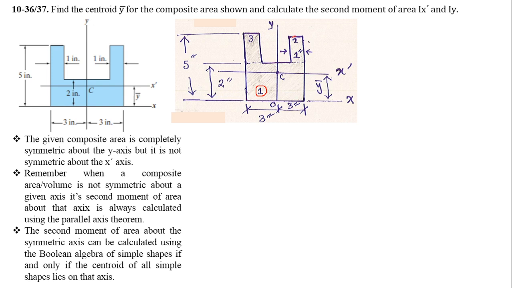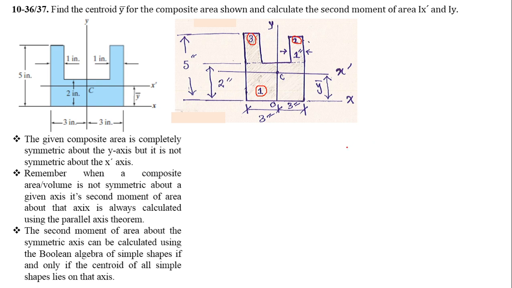And then the second and third constituents are these smaller rectangles. So we have divided this entire given cross section into three simple shapes. Number one is this larger rectangle having dimensions of 2 inch by 6 inch. Number two and number three are these smaller rectangles having dimensions of 1 inch by 3 inches. Okay, this is 5, so 5 minus 2 is 3.